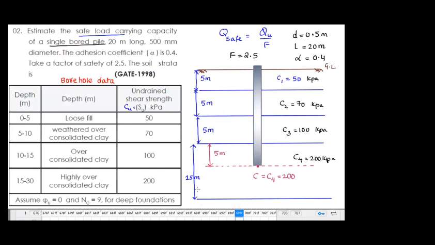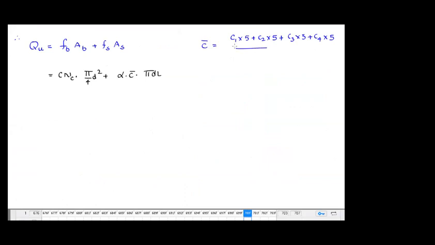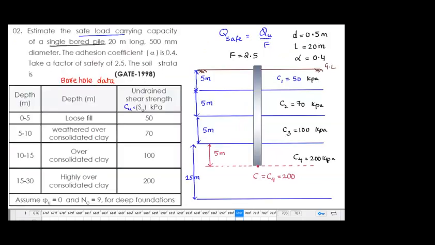I have to take 5 meters, because I want the average cohesion along the pile length, so up to 20 meters only, divided by the total length of 20. Simply it is C1 plus C2 plus C3 plus C4 by 4, because I take the 5 common outside, and 5 by 20 is 1 by 4. Don't think it is applicable everywhere. Here the lengths are common.